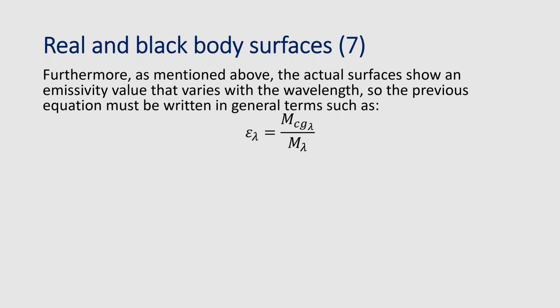The emission coefficient epsilon is a function of lambda, of wavelength, and it is equal to the ratio between the emittance of a gray body at the different wavelengths divided by the emittance of a black body at that particular wavelength or range of wavelengths, again having the real body and the black body at the same temperature during the measurement.